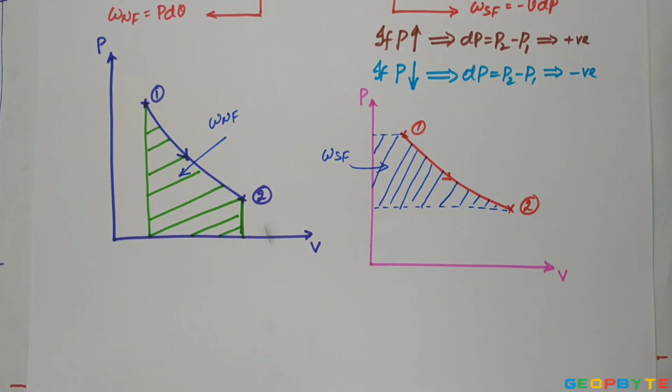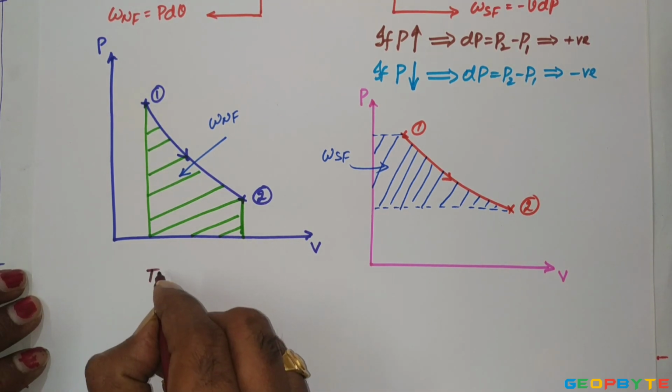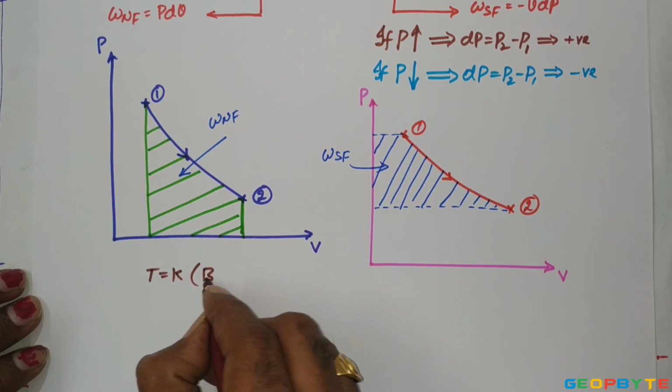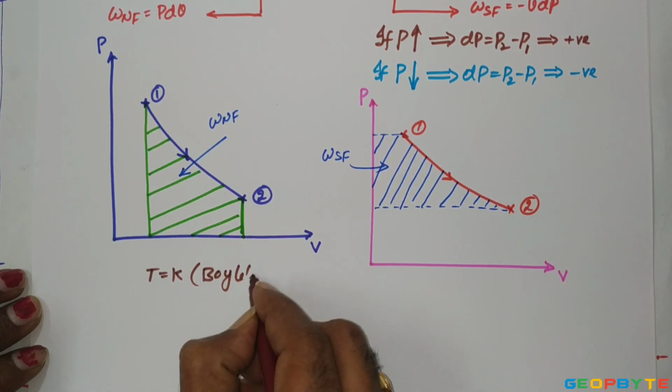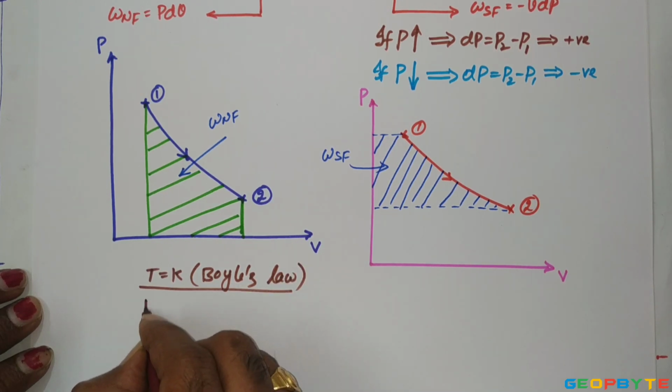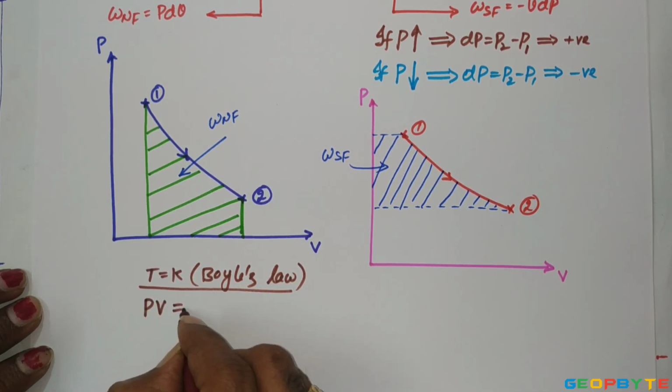Isothermal process means constant temperature process. At constant temperature, according to Boyle's law, for any ideal gas, as we know, the product of pressure and volume remains constant.